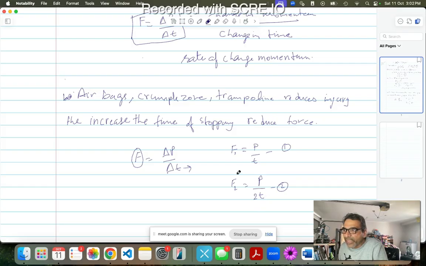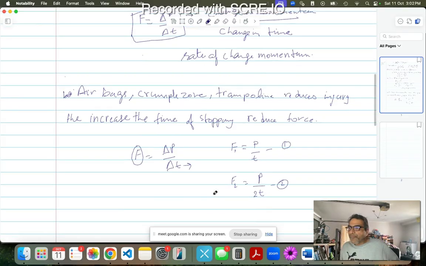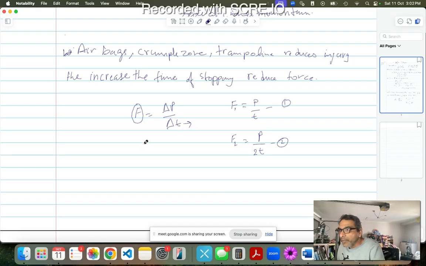If we divide F1 over F2, we get P over T times 2T over P. The P cancels, the T cancels, so F1 is equal to 2 times F2.